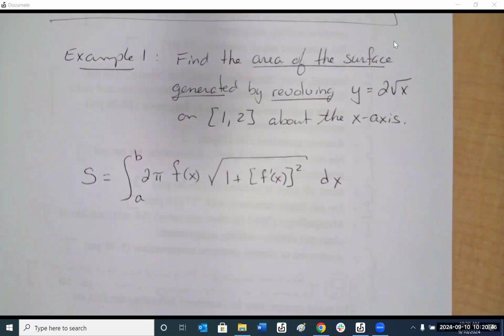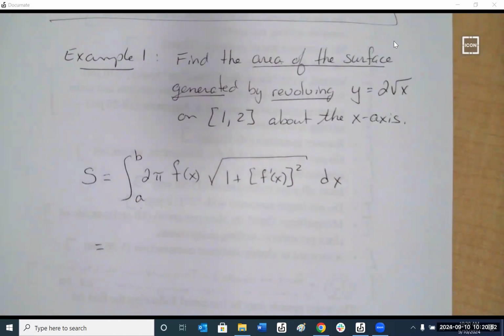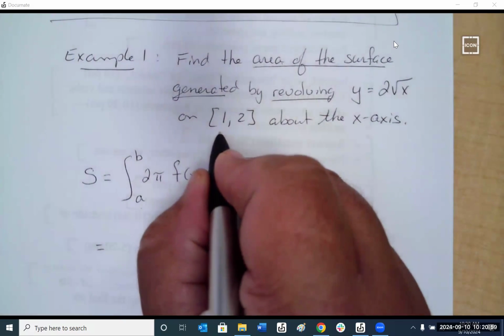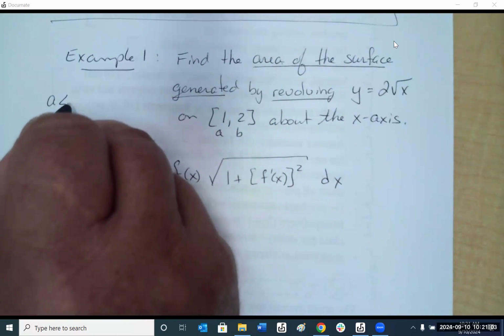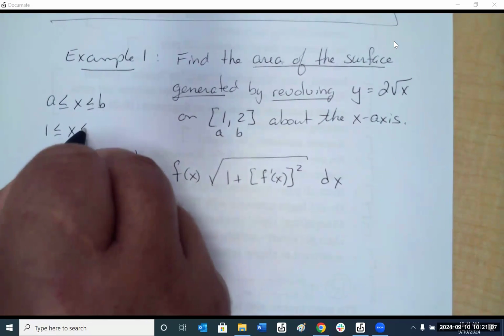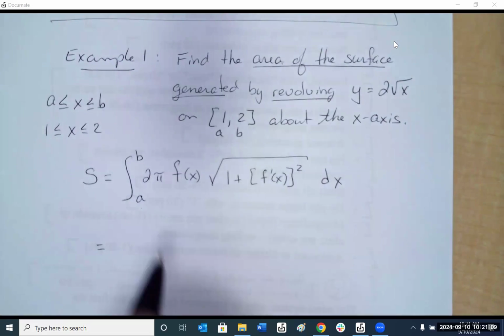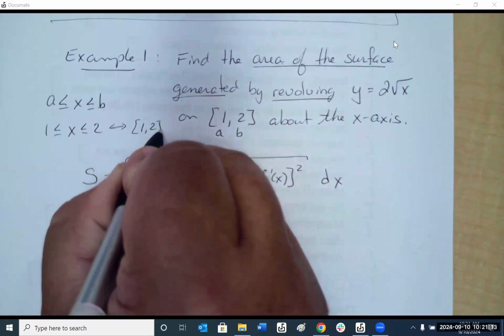Let's plug everything in there. What is A? What is B? A is 1, B is 2, because it usually goes A to B, which is the same thing as a closed interval.